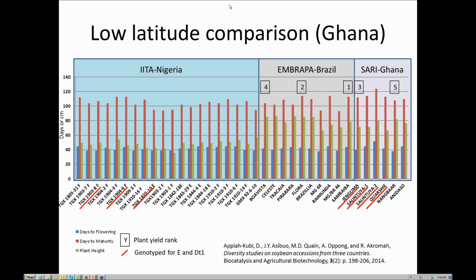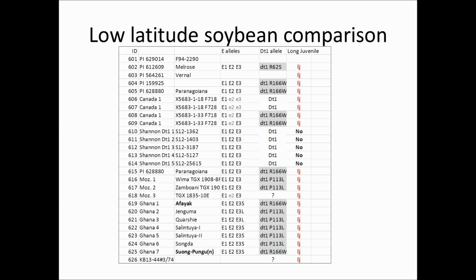Kristen, this is Randy. With your allele designations at the DT1 locus, do you know which one of those corresponds to the DT1T allele? I had a comparison chart at one time, but I don't have that handy. So I don't know which one.